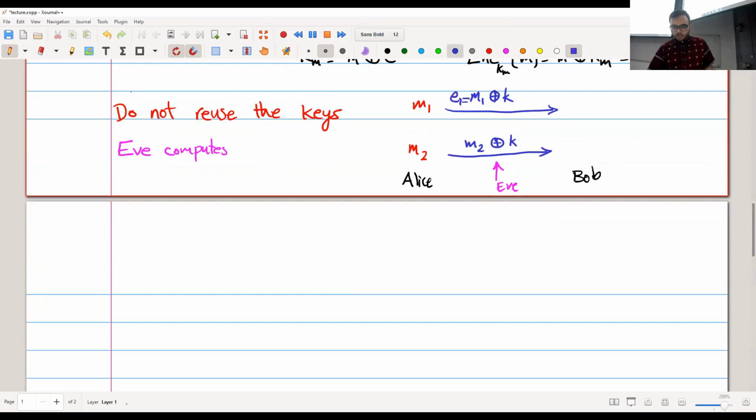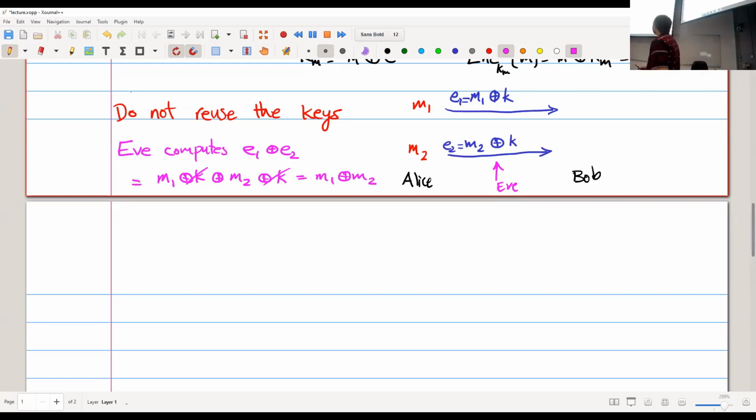So I call this one E1, and I call this one E2. So Eve computes E1 XOR E2. Now, what does this give me? E1 XOR E2 is basically M1 XORed with K, XORed with M2, XORed with K. But now the two Ks cancel out. So what I'm getting is just M1 XORed with M2.